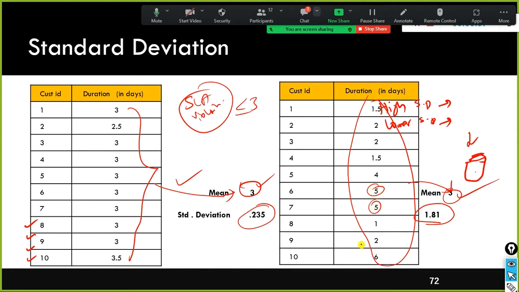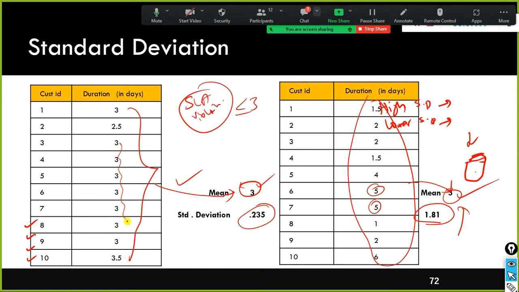But when you took the average, it was giving 3 only. We cannot go by the average. With the standard deviation, we can spot where the variability is high. Higher standard deviation means higher variability. Sometimes they delivered in a much shorter time, sometimes they took a much longer time. Here, most of them are consistent, somewhat closer. We don't see too much variation.